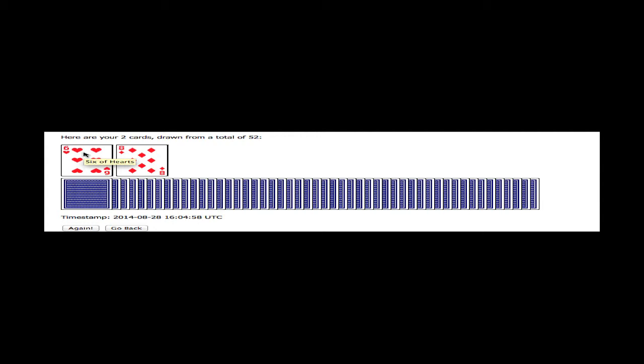So there was a 1 out of 51 chance that I drew the 8 of Diamonds to complete this hand, because of this idea of replacement. As we take a card, we've reduced the population available for the drawing.